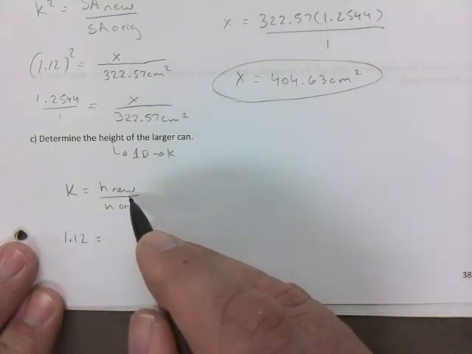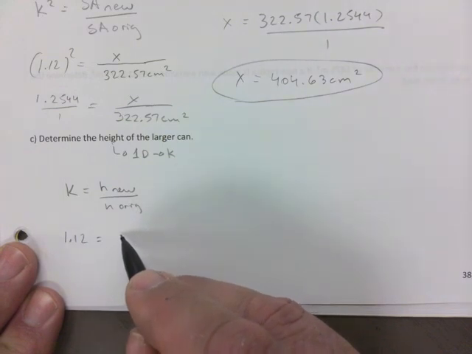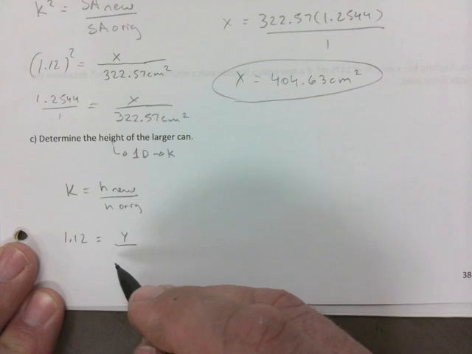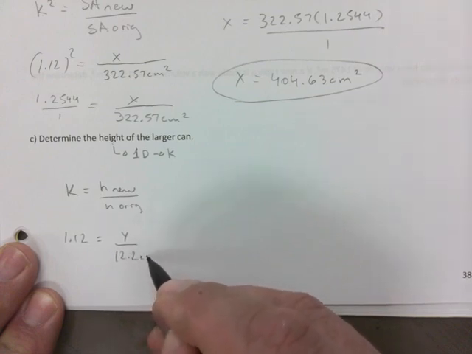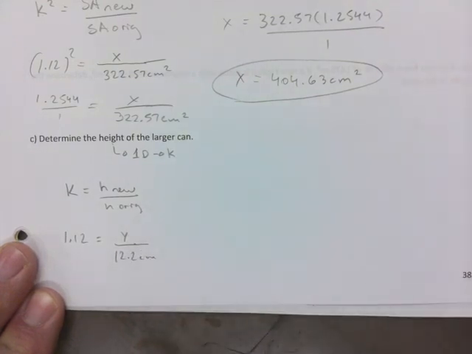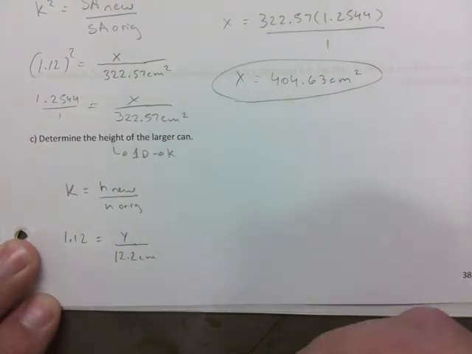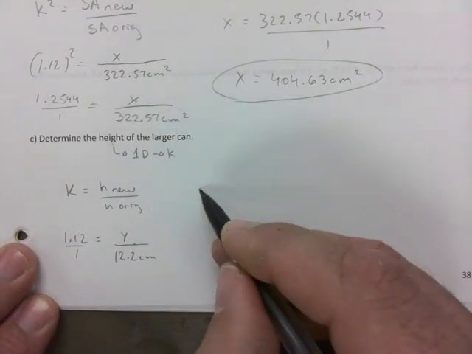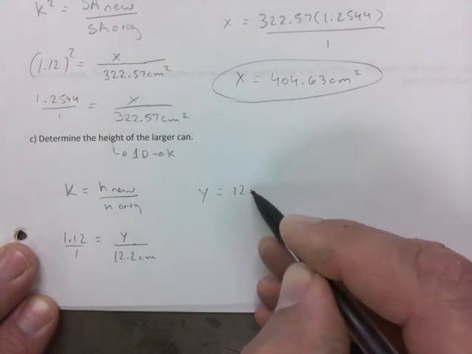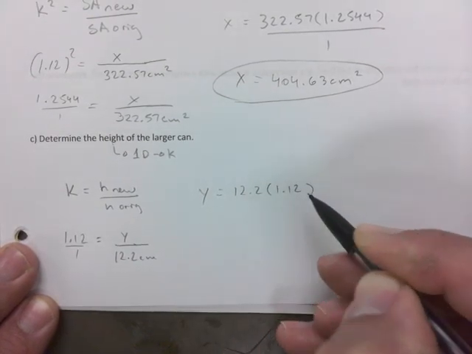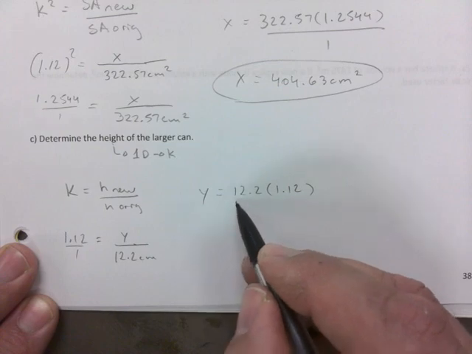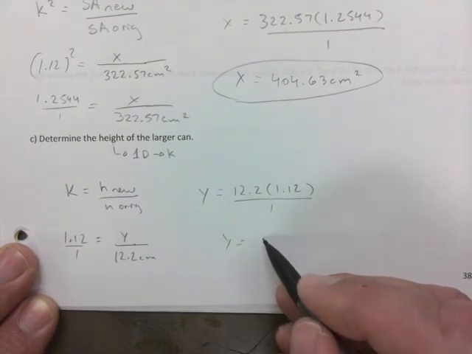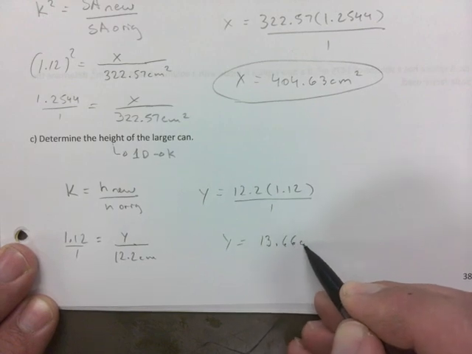Height of the new one, unknown, so we're going to call that Y. Height of the original, 12.2. I should have made it the other way around, but hey, it is what it is. Put the 1 there if that helps you. So that's 12.2 times 1.12. Hey, it's like adding taxes. And that would be 13.66 centimeters.